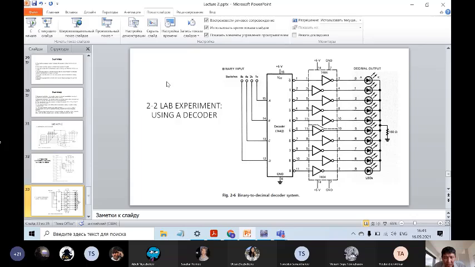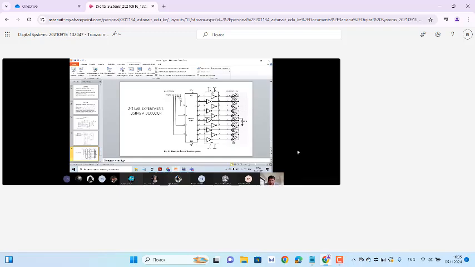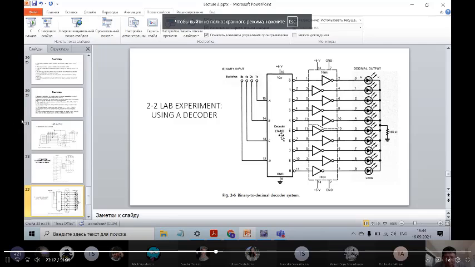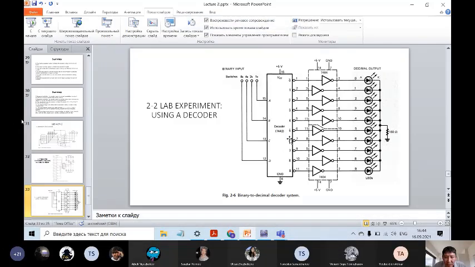Also here you will use keys, and you will use a decoder, and for the decoder use the 7442 integrated circuit. Also here you should use inverters. Why? Because it does not give us a real output, it gives us a complementary output. For this reason we need to use inverters. So it's not hard work, actually. We can do it.